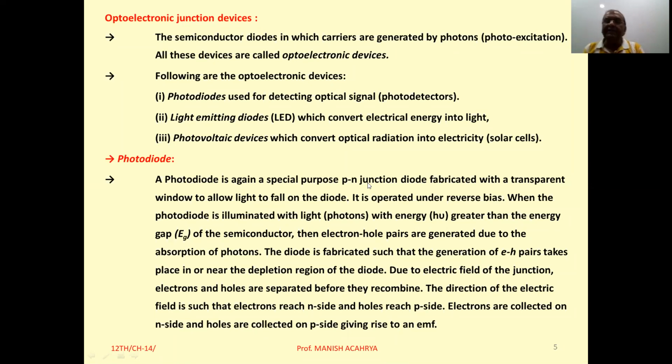So resultantly, electrons will move towards the n-type semiconductor and holes will move towards the p-type semiconductor. Okay. Now, due to deposition of electrons on the n side and excess holes on the p side, that is deficiency of electrons, here a potential difference will be developed between the n-type and p-type semiconductor, or we can say the ends of the p-n junction diode.